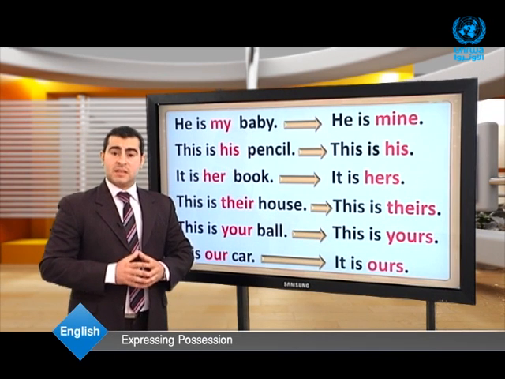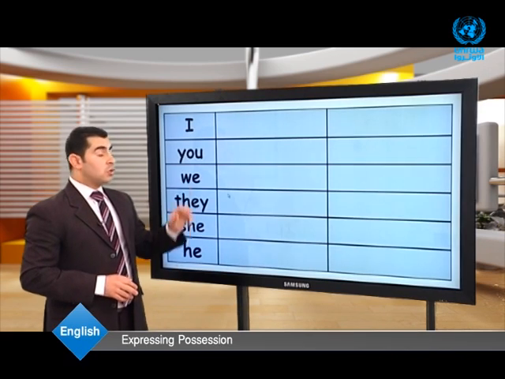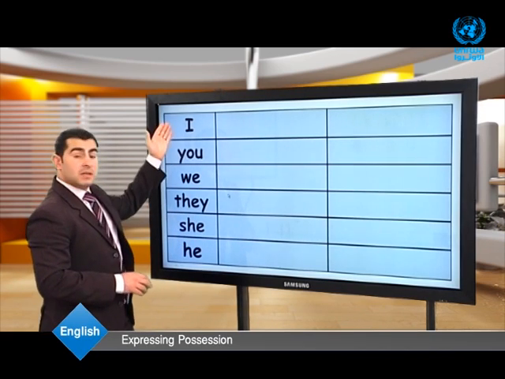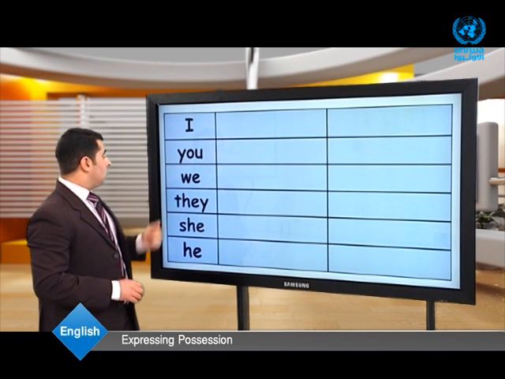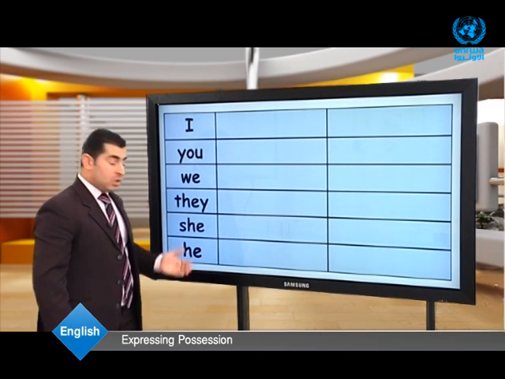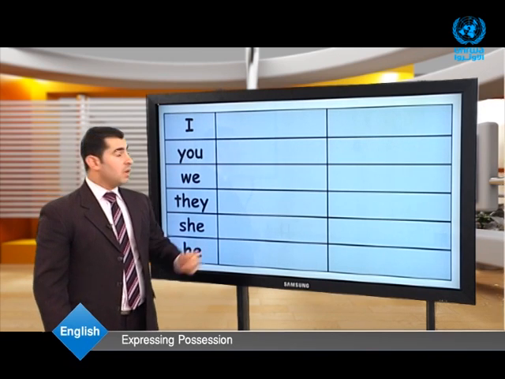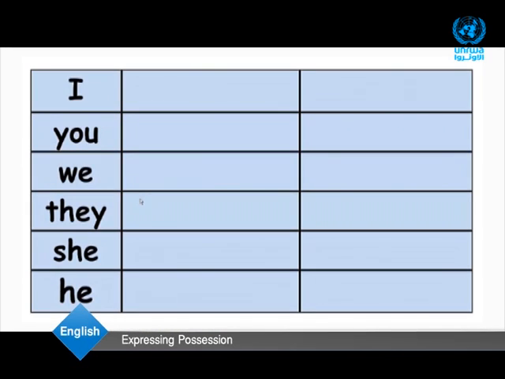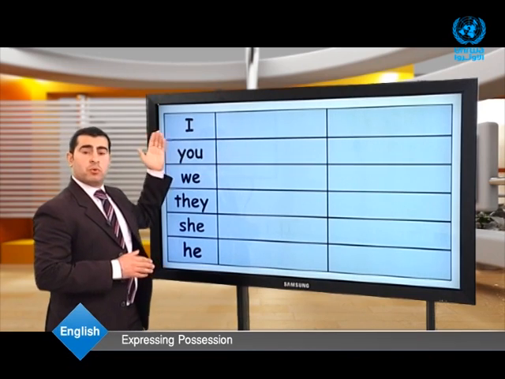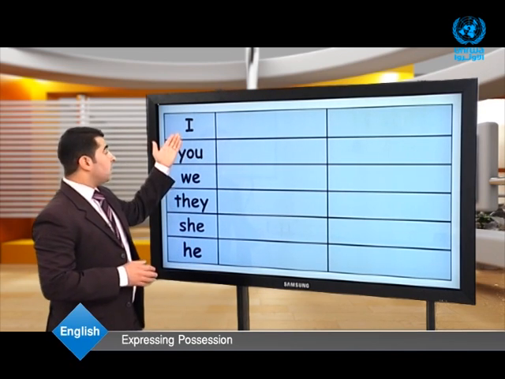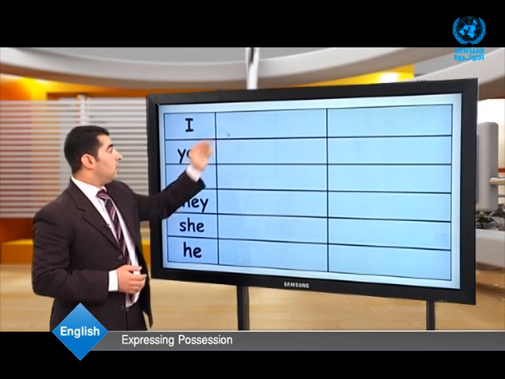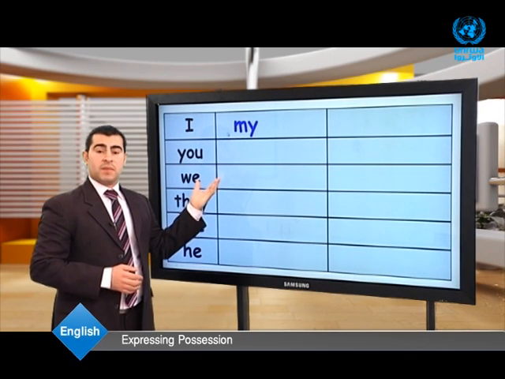Now, dear students, let's go to this table to complete. Here we have the subject pronouns: I, you, we, they, she, and he. In this column, we are going to change the subject pronouns into possessive adjectives. The first one, I, becomes my.